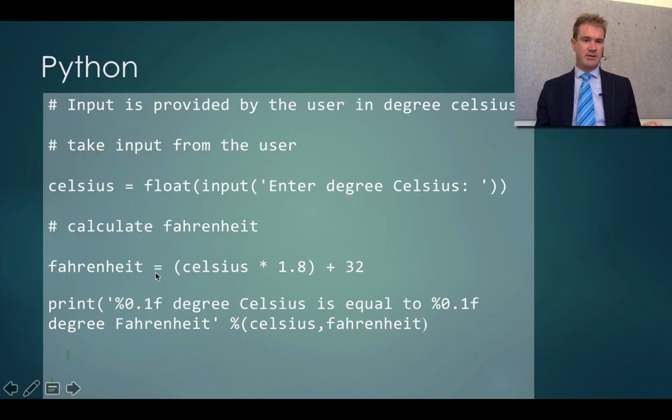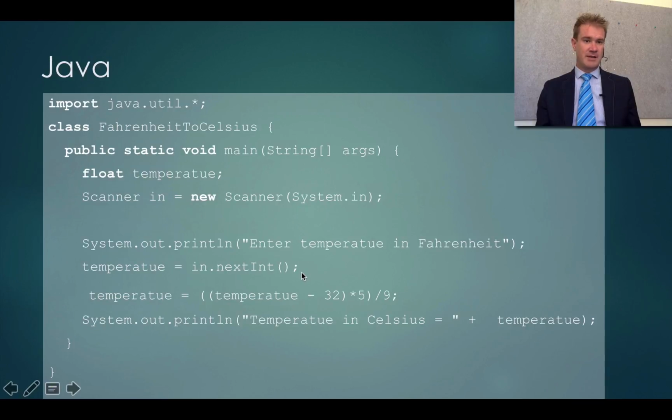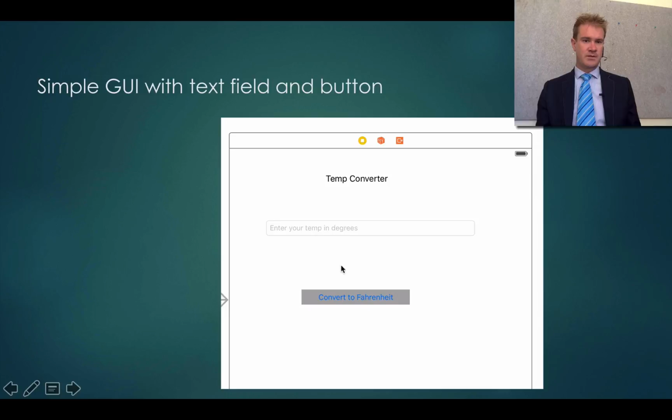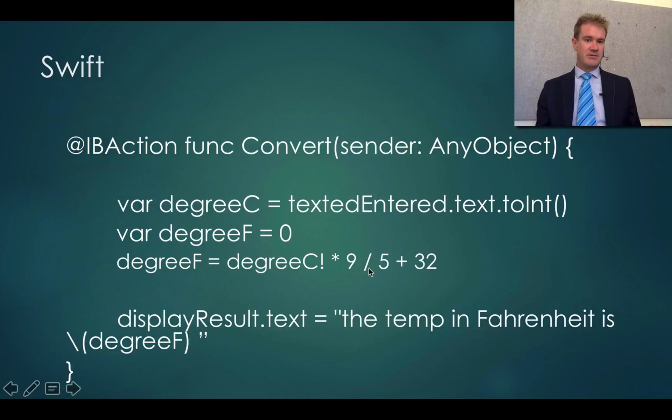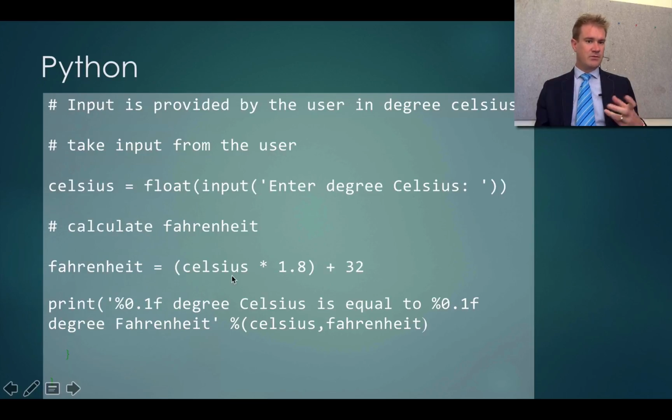So we go Fahrenheit equals degrees Celsius, or just Celsius, which was the variable that we created here, remember, times 1.8, which is the same as the version we had back here. 1.8 is the same as 9 divided by 5. So Celsius times 1.8, or times 9 divided by 5, plus 32. That's our conversion.